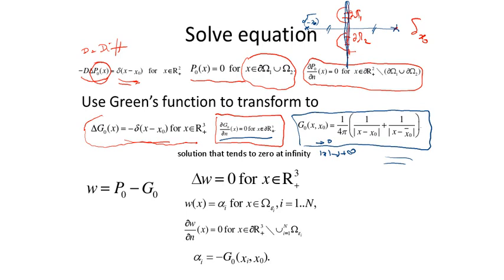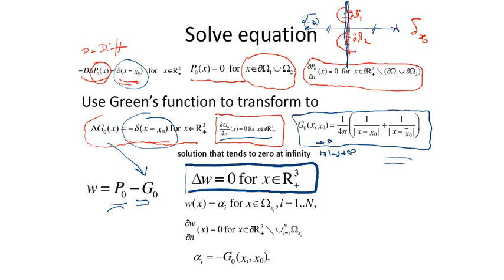You take this solution, which you know, and you subtract it from p0. So what do you get? Well, because the two satisfy the same delta Dirac, the delta Dirac goes away, and you are finally left with the Laplace equation for x in half of the space, that is in here.